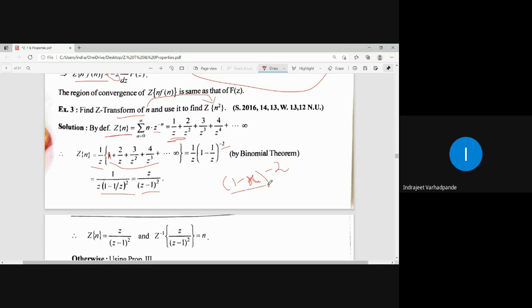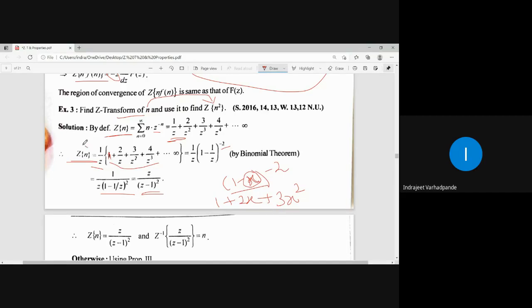You have studied this binomial expansion in case of a complex variable also: 1 minus x to the power minus 2 is 1 plus 2x, all the terms are positive and the coefficients are in increasing order, 3x square and so on. Here you see 1 by z, 1 upon z square, 1 upon z cube. So 1 by z is nothing but the value of x. Accordingly, what is my answer here? z upon z minus 1 whole square. So z of n is nothing but z upon z minus 1 whole square.